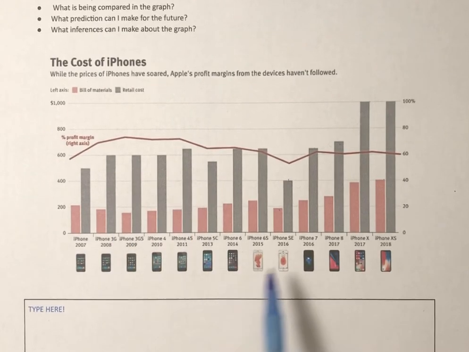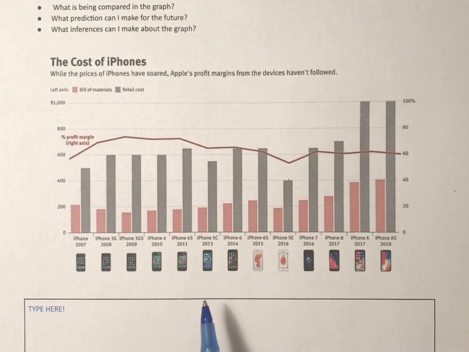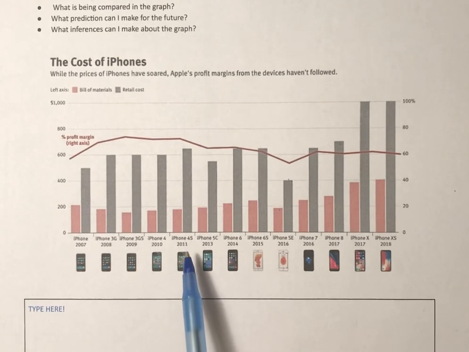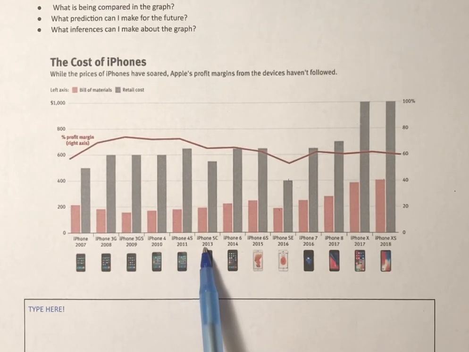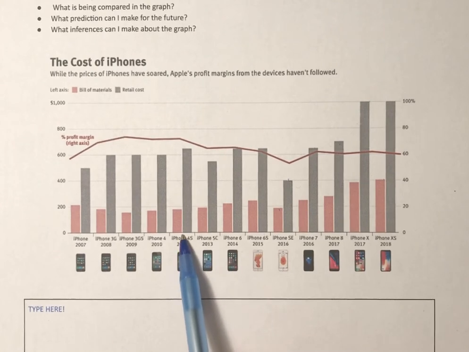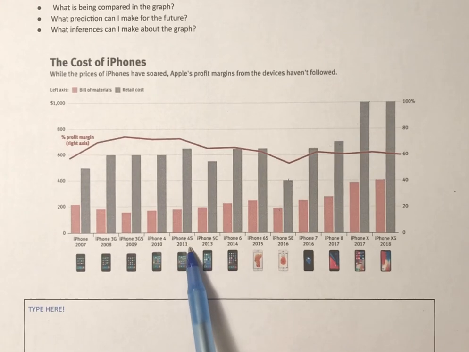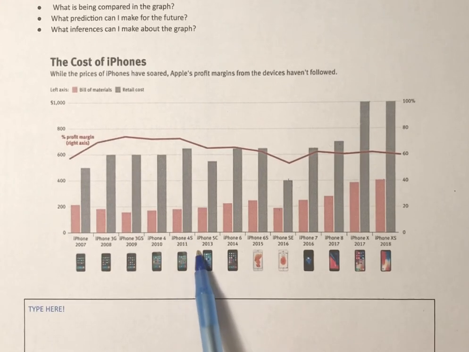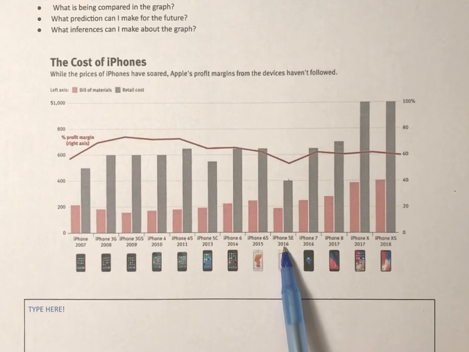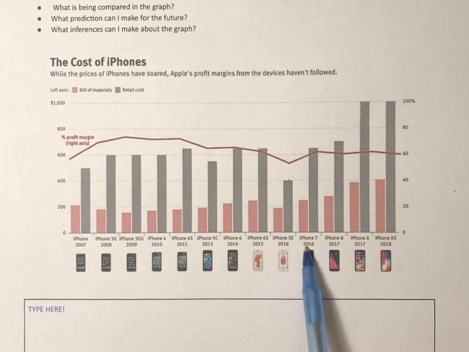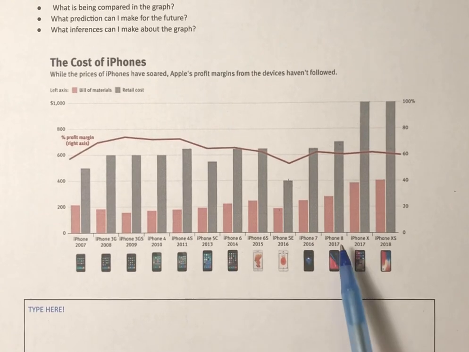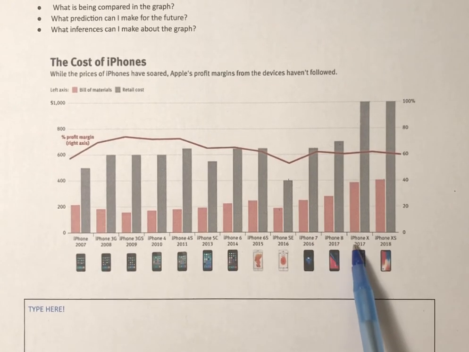As I was looking at this graph, I think there are a few things that are very interesting to note. Notice that there was no model change in 2012. So in 2012, they haven't included any differences in phones. Also notice that in 2016, there are two phones of different models, and that also occurs in 2017.